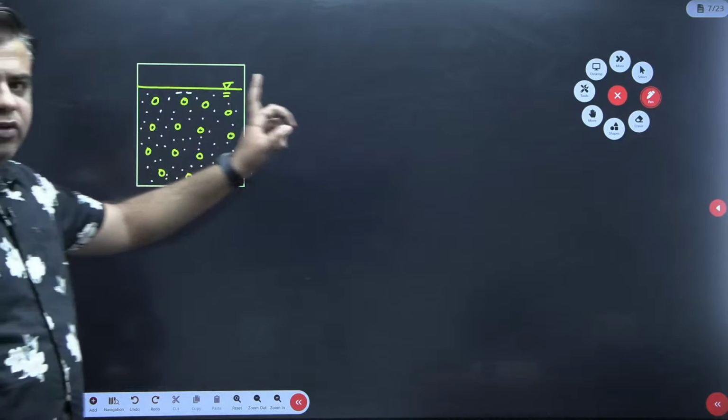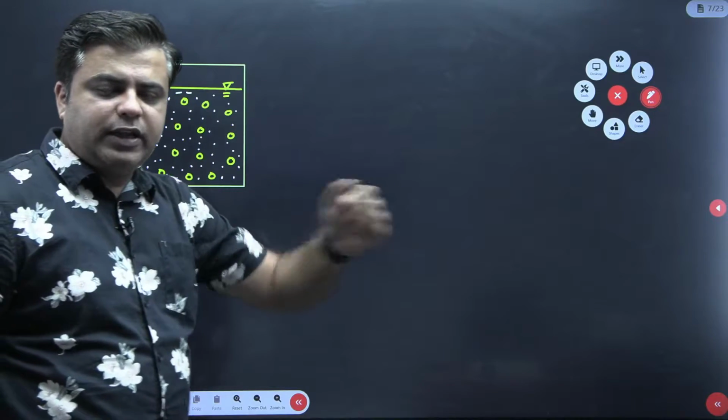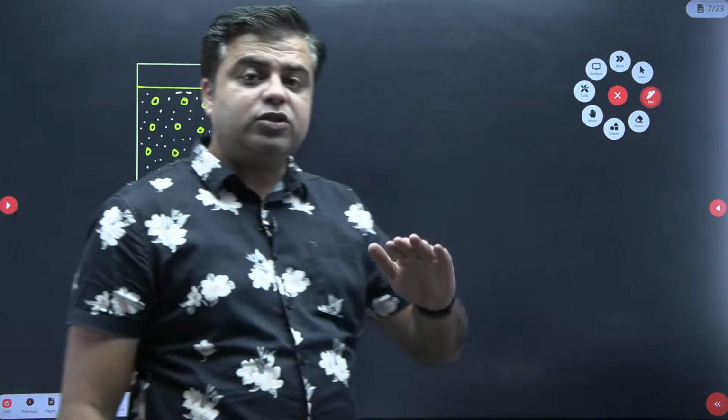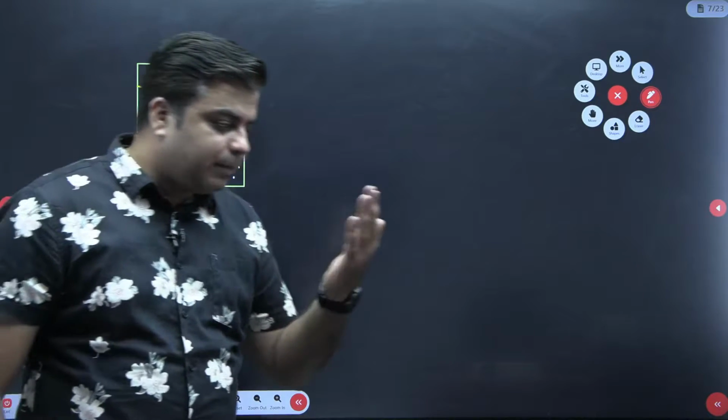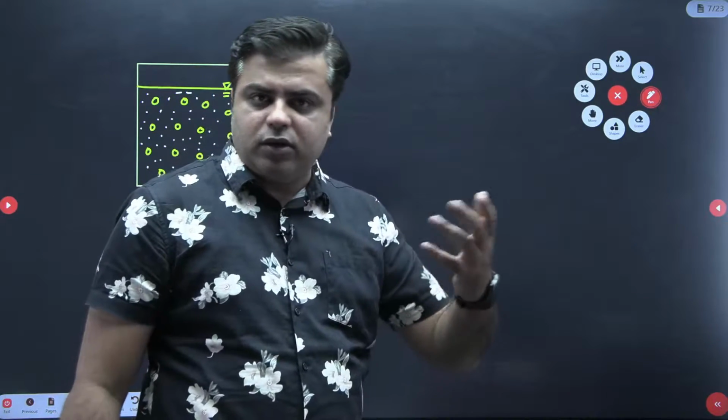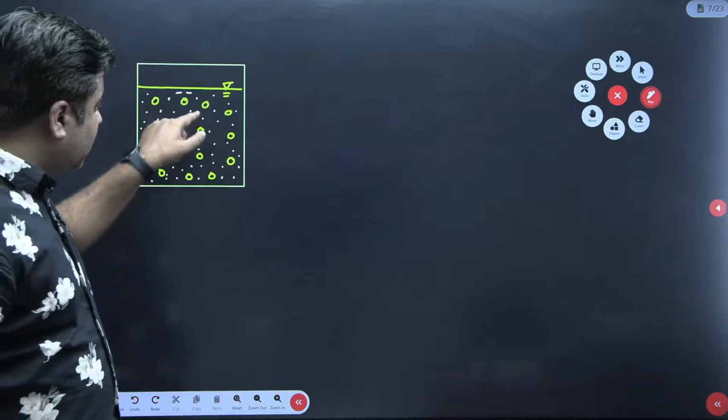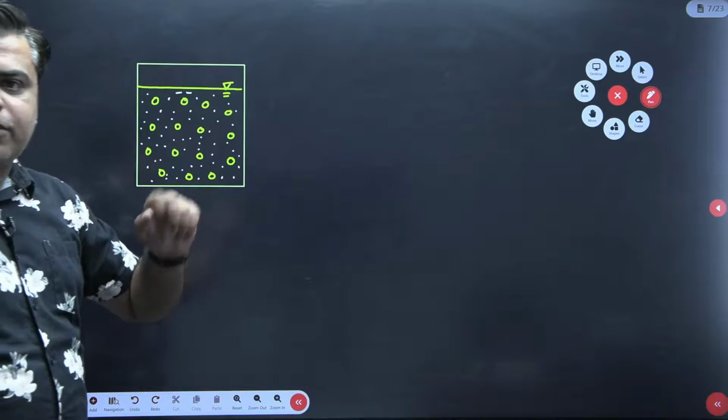Suspended solids will affect the physical water quality parameter. That is, suspended solids will affect the physical property of water, that is, appearance of water, how it is looking, all those things. And these dissolved solids will affect the chemical property of water.